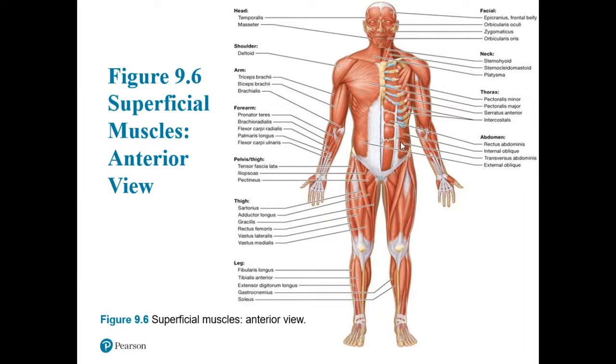So if you want to work this out, you're going to have to contract your entire trunk. Maybe it's better if you lie down on the floor and do your regular crunches, but then to some extent you have to rotate to the side at an angle, if you will.